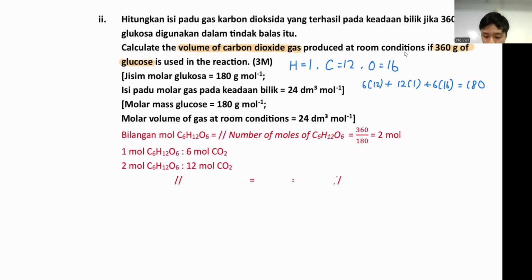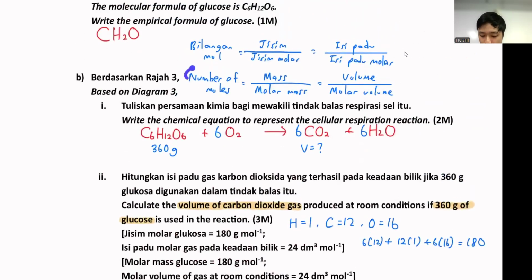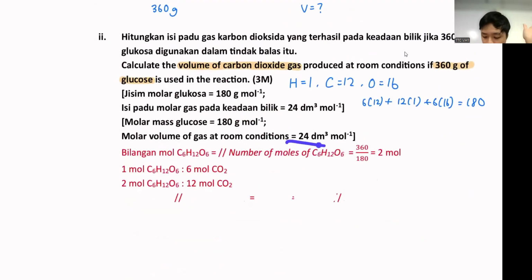Then you use these 12 mole to find the volume. Since number of mole equals volume over molar volume, if you want to find volume, you use number of mole multiplied by molar volume. The molar volume, they give 24. So you can straight away use 12 multiplied by 24.